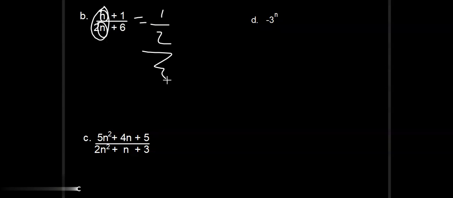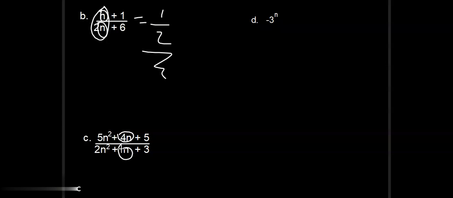So now what about the third one? In the third question, there are n's in the numerator and in the denominator, but there are also other n's with powers. When you have this type of question, you have to choose the one with the highest power.